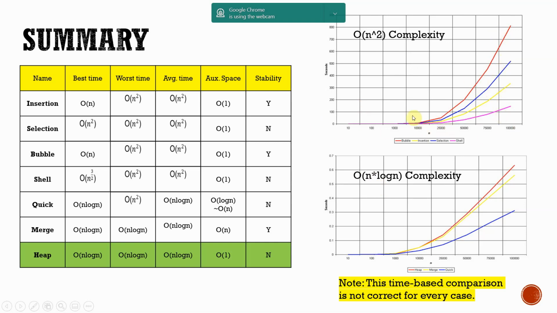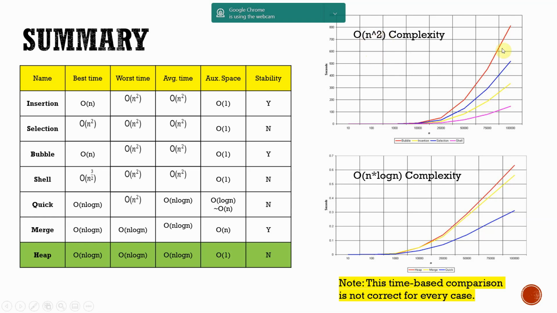result when you want to sort an array. Here, for a specific case on a specific platform, for a specific array, some algorithms were compared: bubble sort, insertion sort, selection sort, and shell sort, all of which have big O of n squared time complexity.